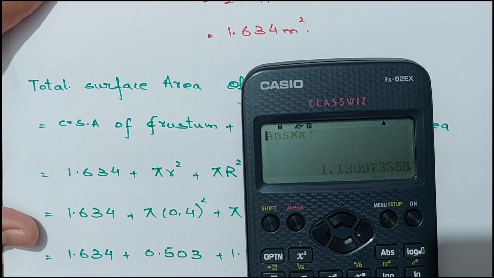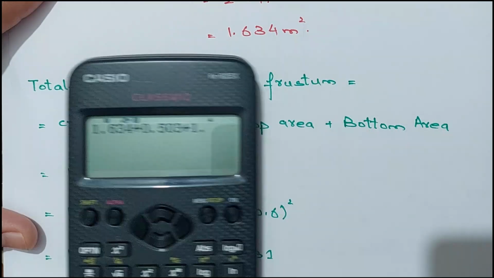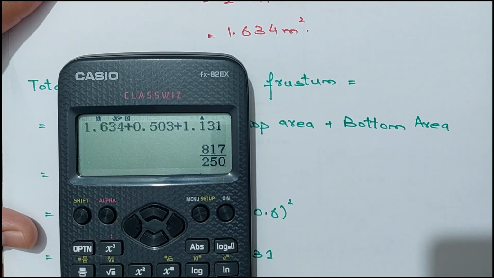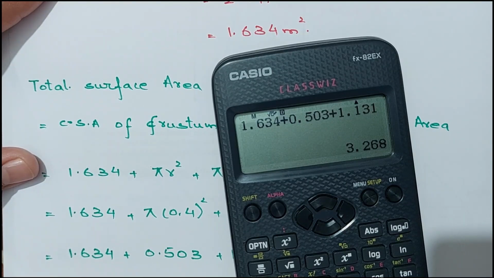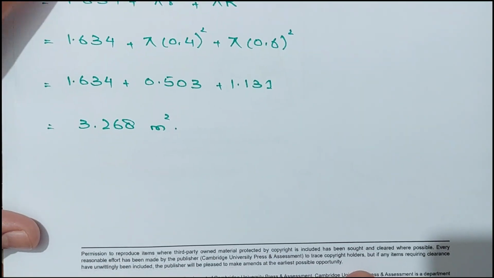Let me add them up. 1.634 plus 0.503 plus 1.131 is 3.6268 meters square. Okay, let me simplify the answer up to 2 decimal places.